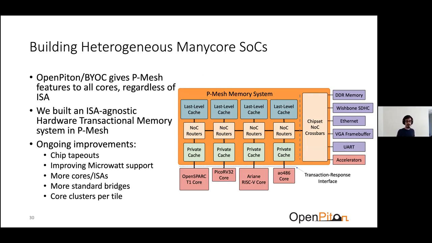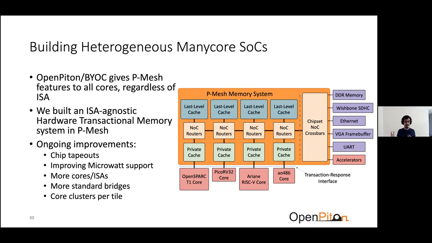We had some students who, for a class project, implemented a supposedly ISA-agnostic hardware transactional memory system in P-Mesh, right? So they could initiate transactions into the private cache here, and then try to commit, and it would correctly commit or abort or whatever. And that actually didn't use any ISA-specific features of the core that was being used. And so that was a pretty cool setup.